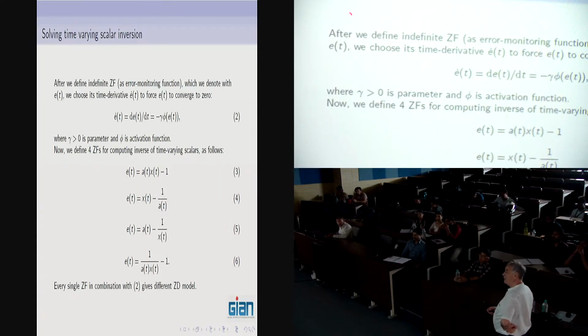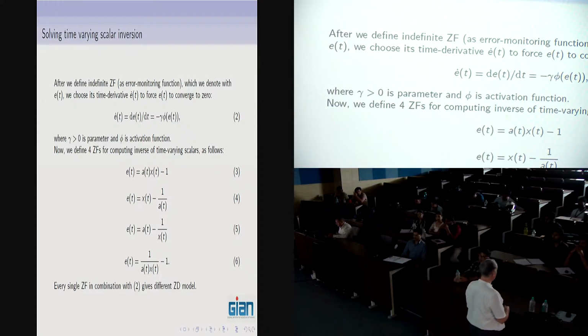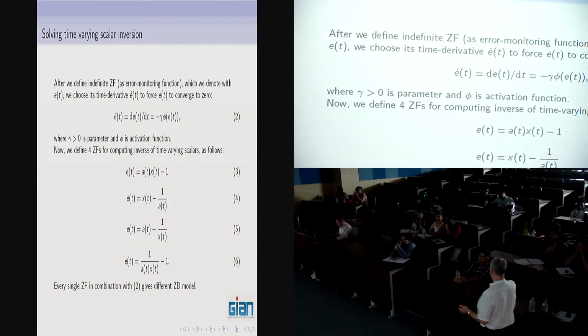Here is our start in defining ZNN models. In the material which you have, there is one working version of the book, and this book includes scalar-valued input, vector-valued, and matrix-valued.